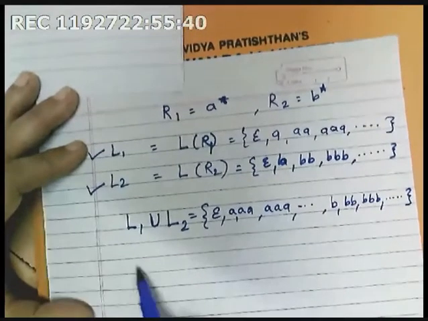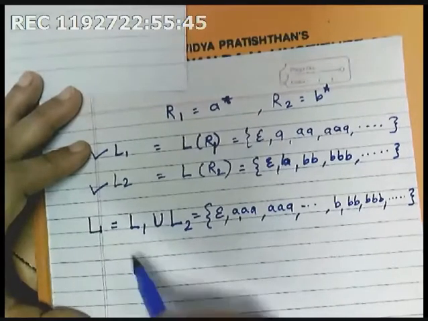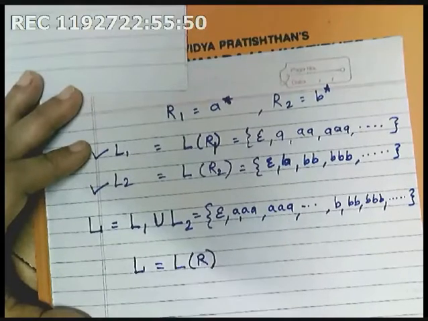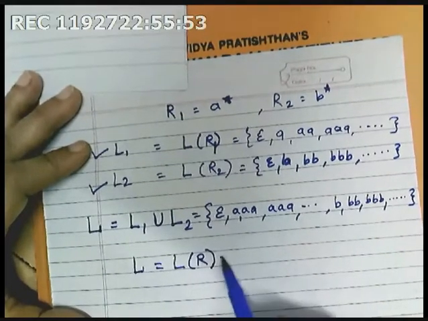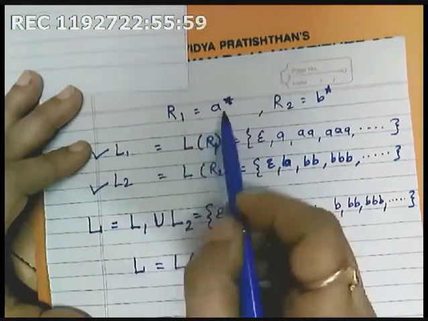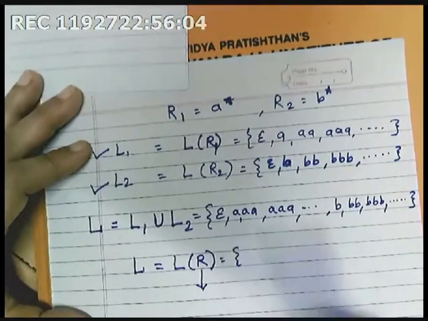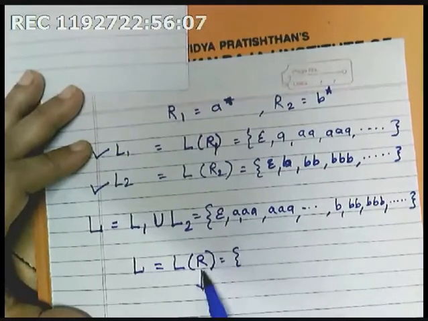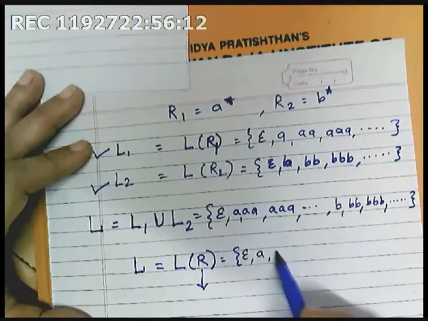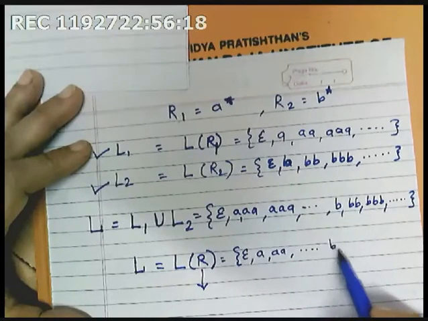Now suppose this is my L set. If I want to represent this L set with a regular expression R, then what will it be? How will you represent this R, just like I have represented R1 as A star and R2 as B star? How will I represent the regular expression for this set? So what is this set? It has all the strings coming in any combination.